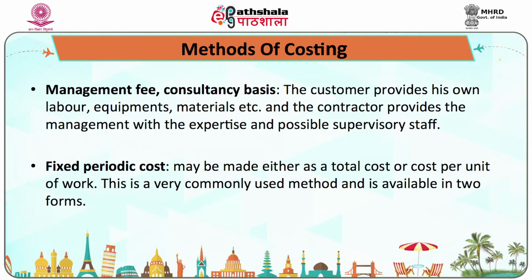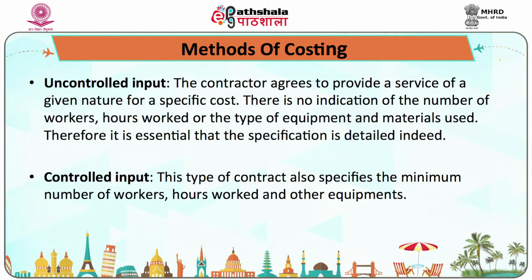It may be made either as a total cost or cost per unit of work. This is a very commonly used method and is available in two forms. Uncontrolled input. The contractor agrees to provide a service of a given nature for a specific cost. There is no indication of the number of workers, hours worked, or the types of equipment and material used.